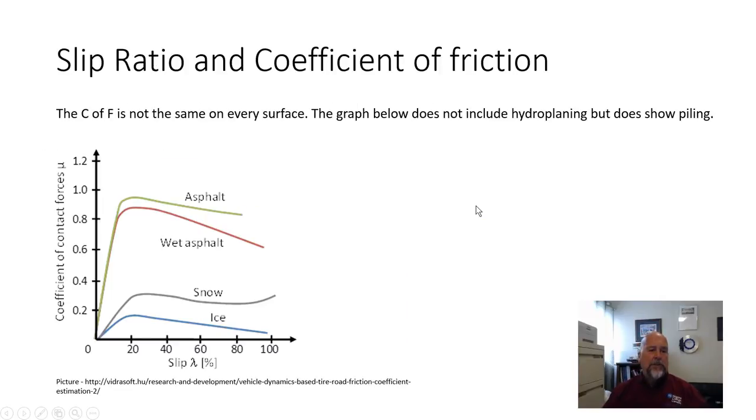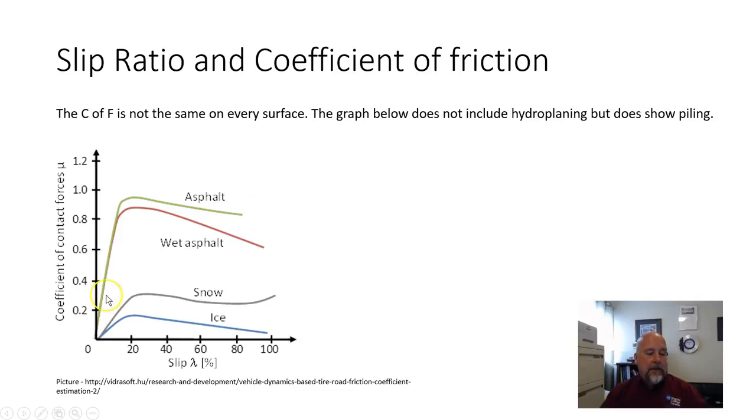Okay, so slip ratio and coefficient of friction. So the C of F, coefficient of friction, is not the same on every surface. The graph below does not include hydroplaning, and we'll discuss hydroplaning in a little bit. Well, it does to some degree point out piling, so we'll look at that.